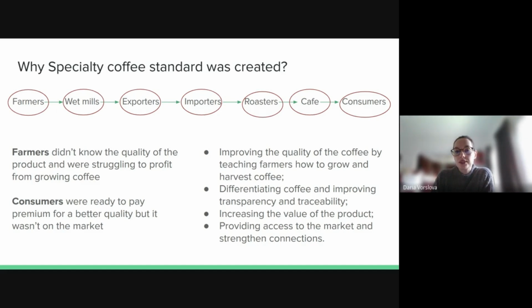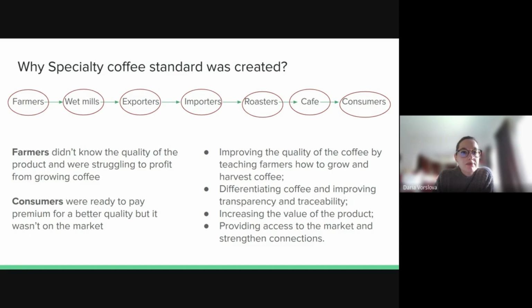So we should always keep in mind all the aspects of the definition of specialty coffee to name our product, whether green bean, roasted coffee, or cup of coffee, as actually specialty coffee.